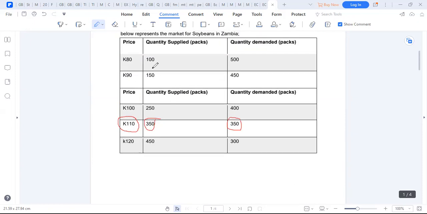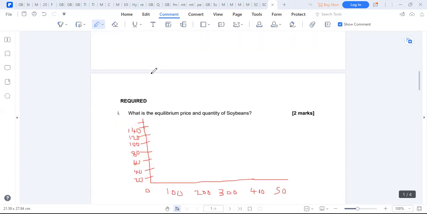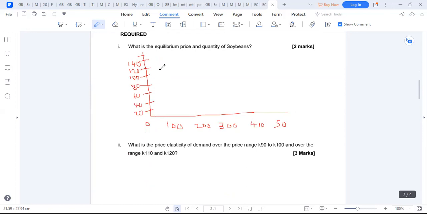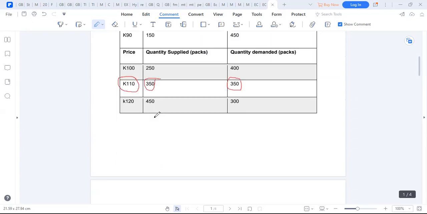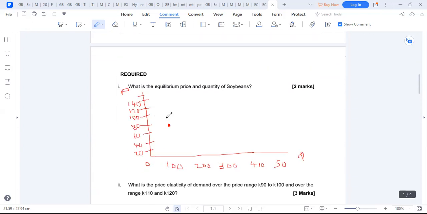So price against quantity supplied: 80 against 100. So price is 80, here we have 100. And we have 90 against 150. So 90 is there, and 150 is there.